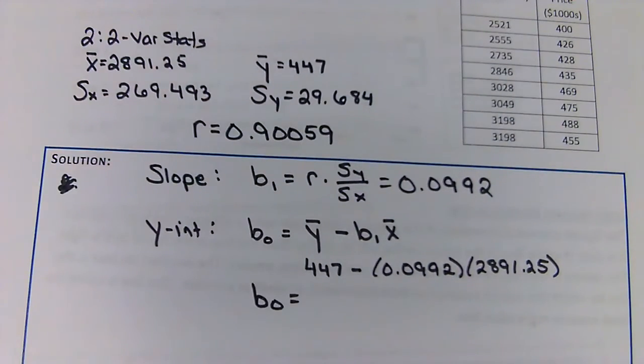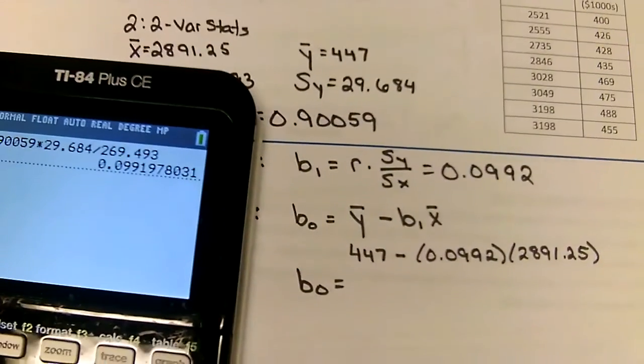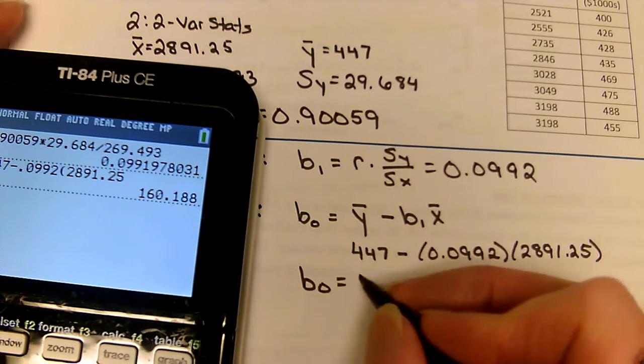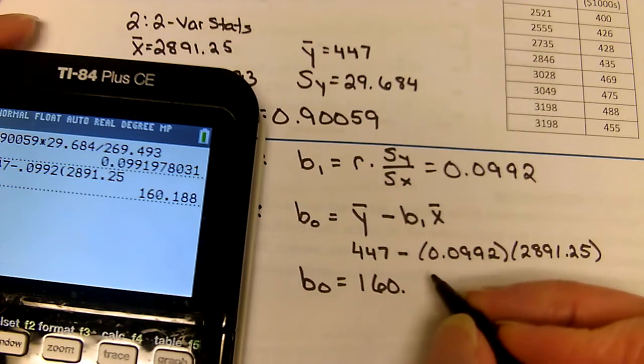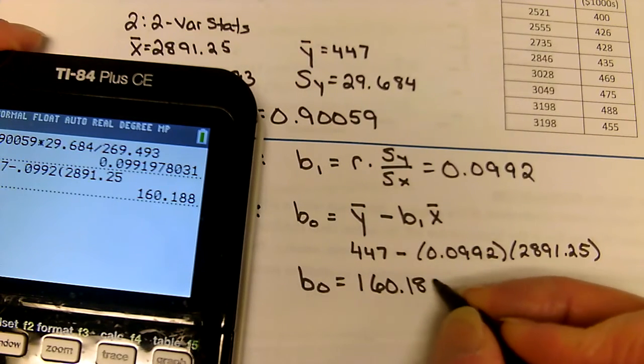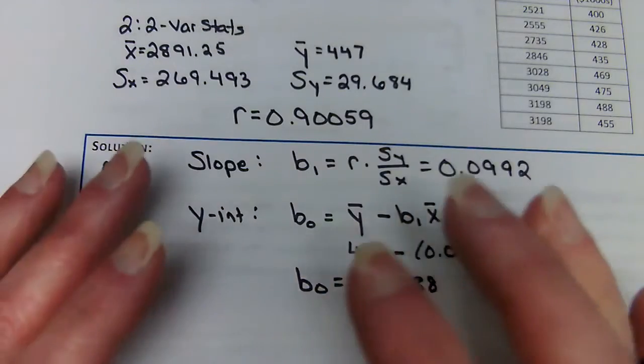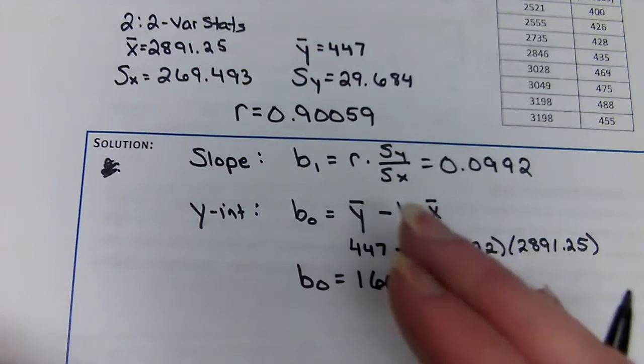That's my y-intercept. So 447 minus 0.0992 times 2891.25. And we get 160.188. Now, this is not going to be the same as when we actually run it because we're rounding here and there.